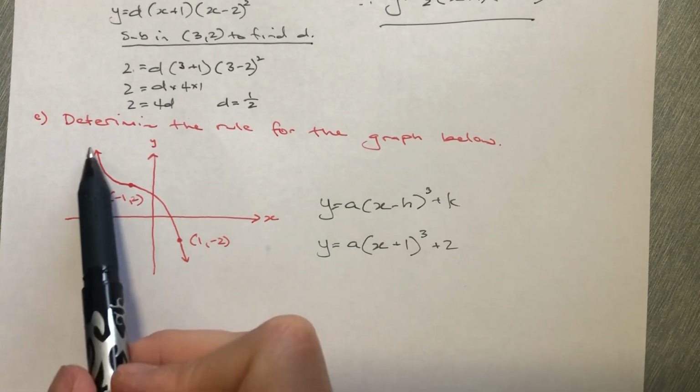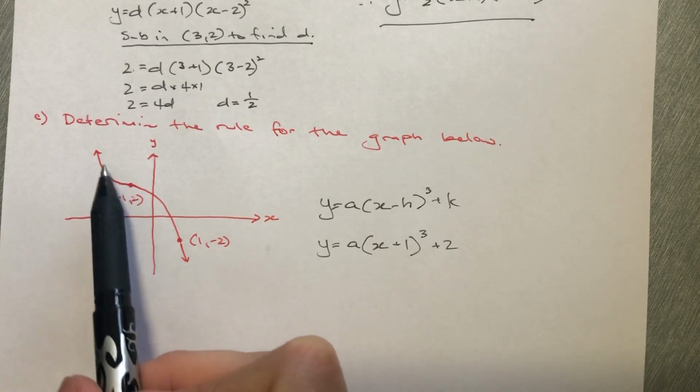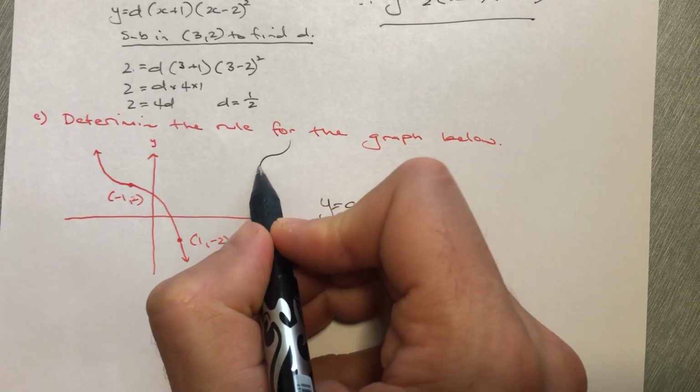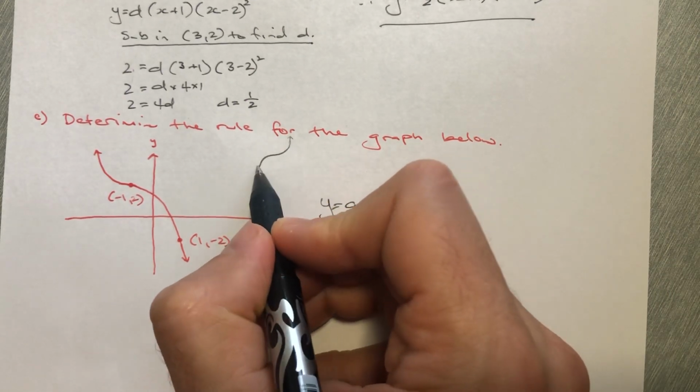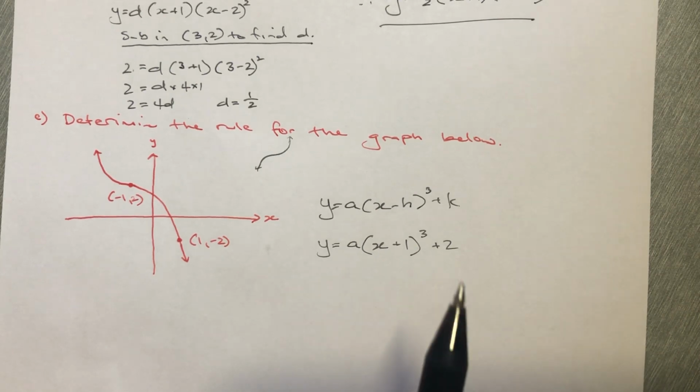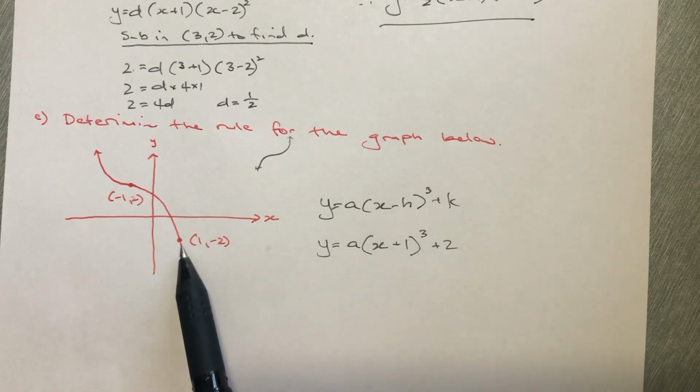Now, if we look at the shape of this one, it looks like it's reflected, doesn't it? Because your normal one that isn't reflected has that shape. So we're expecting our a to be a negative number. If it doesn't show up as a negative number, we must have made a mistake somewhere. But we've been given that extra point here.